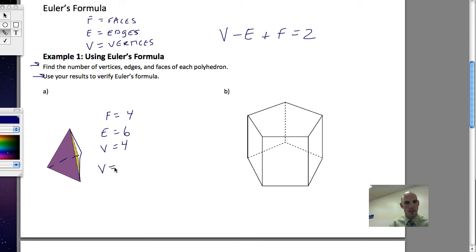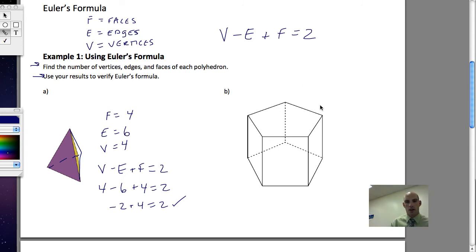I'm going to verify that vertices minus edges plus faces equals 2. Let's check it out. 4 minus 6 plus 4 equals 2. Negative 2 plus 4 equals 2. Check. So this works. I know I counted correctly.